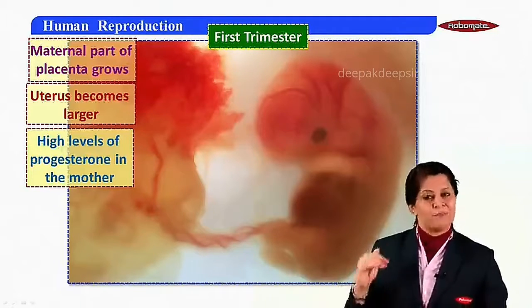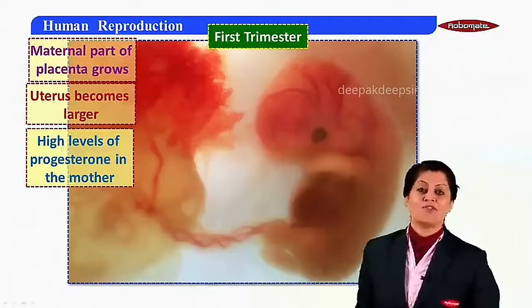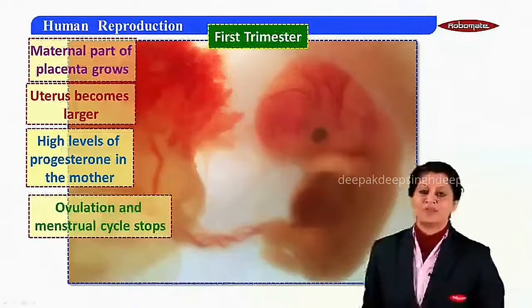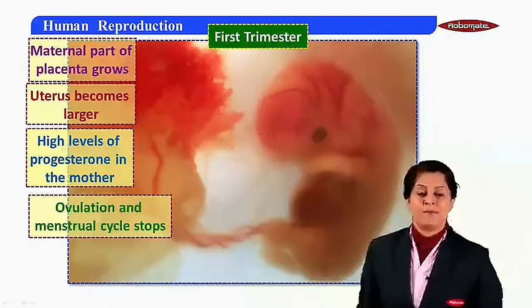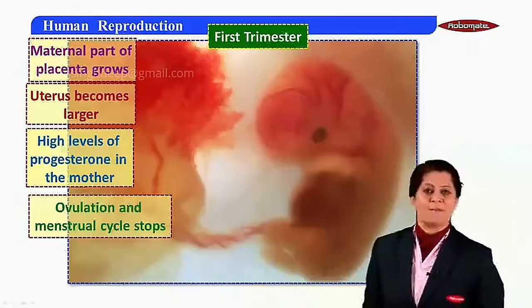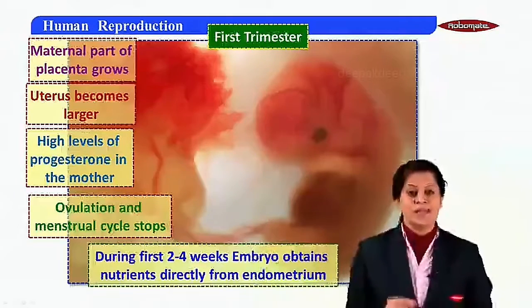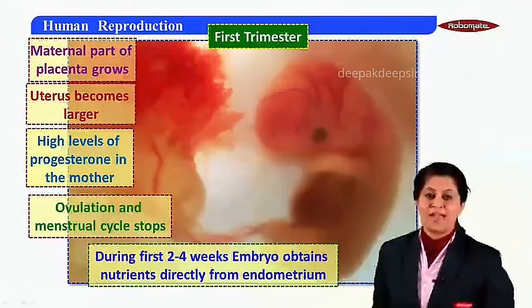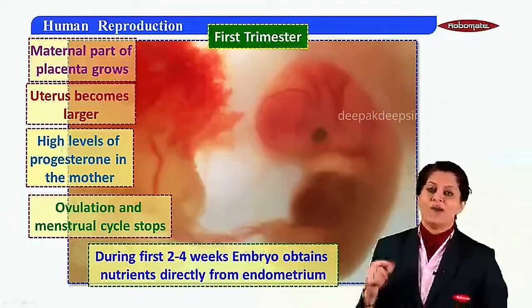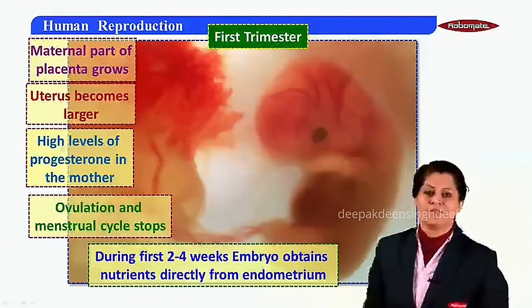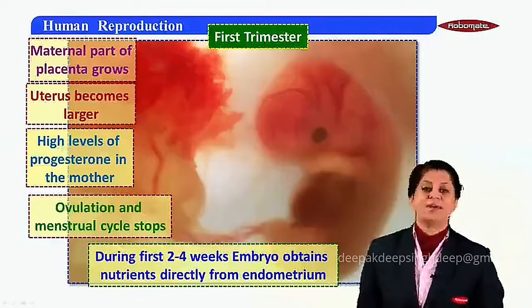Progesterone levels prevent further ovulation and menstrual cycle. So progesterone prevents ovulation and menstrual cycle. In the initial 2 to 4 weeks, the embryo obtains all the nutrients directly from the endometrium or from the mother.